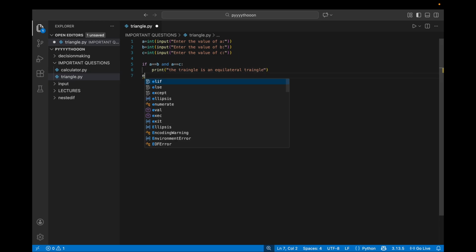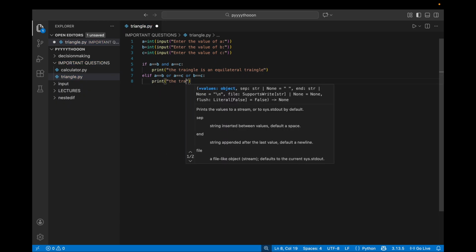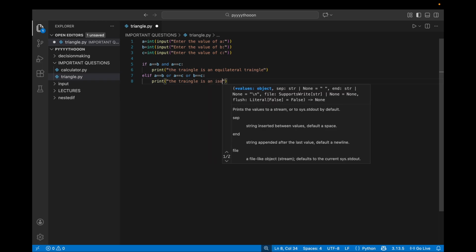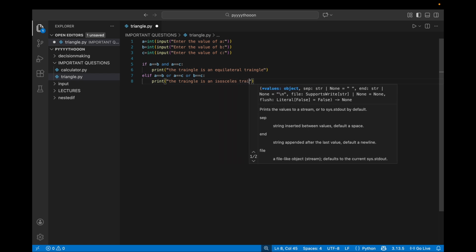Similarly, if a equal to b or a equal to c or b equal to c, print the triangle is an isosceles triangle.